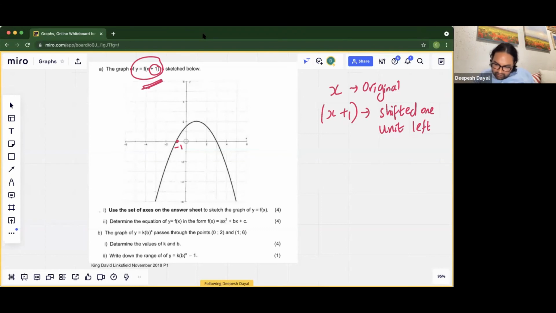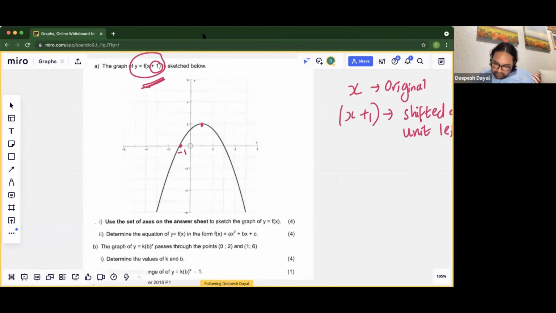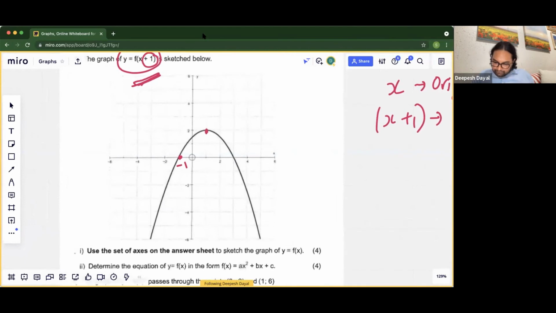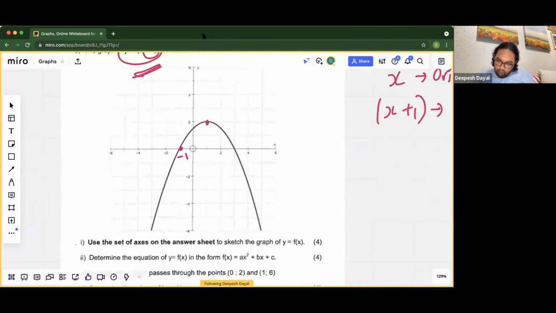So this point here, currently I'm going to make it a bit bigger so you can see nicely. Currently this point here is 1 and 2, right? If I move this graph to the right, what will this point here be? If I move it 1 unit to the right, where will that point be?